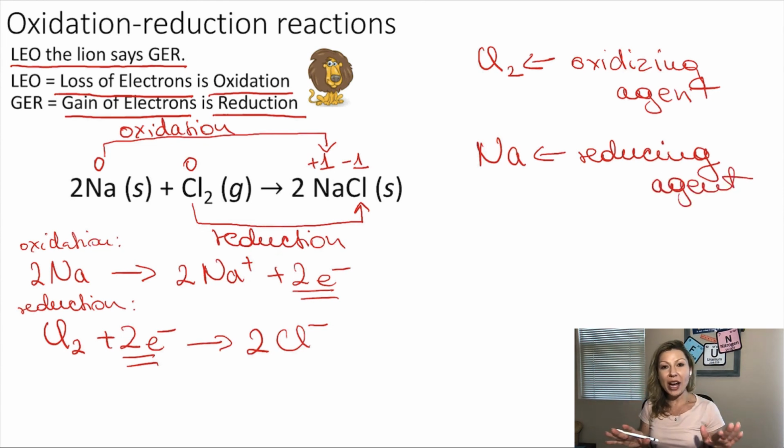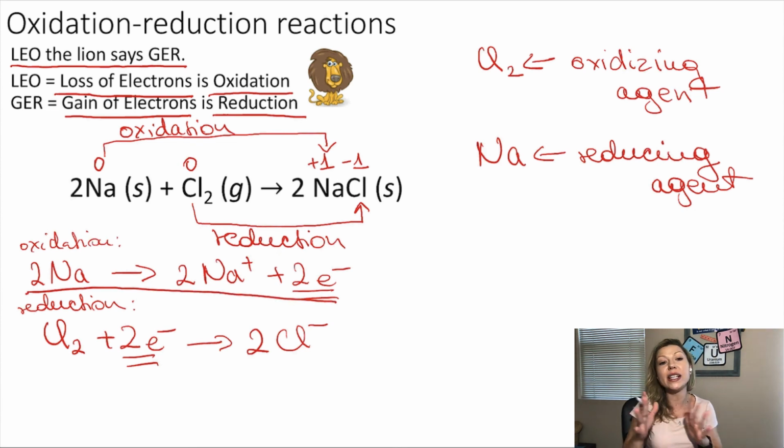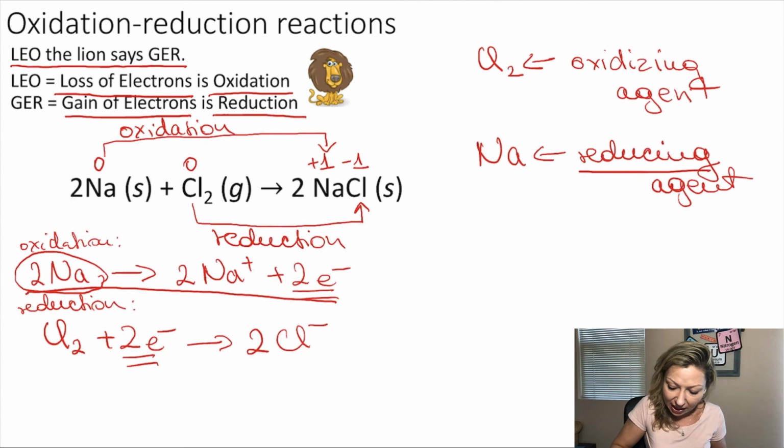I know it might be confusing the first time, but in the process where you have oxidation, you are losing electrons. The substance or the atoms that are being oxidized are going to be the reducing agents because they are making the other atoms be reduced.